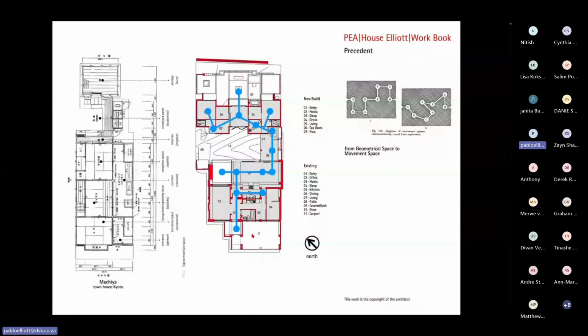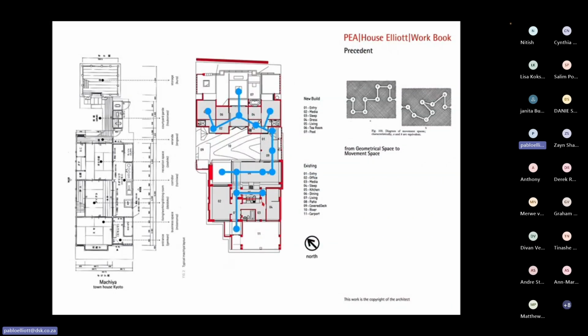And then another phenomenon that I looked at in Japanese architecture was this notion of movement space. My father's house is very geometrical. It was designed on a Le Corbusian model using a modular brick pier system and a pinwheel arrangement. So that was quite a geometric, almost Palladian type of space experience for us as we were growing up.